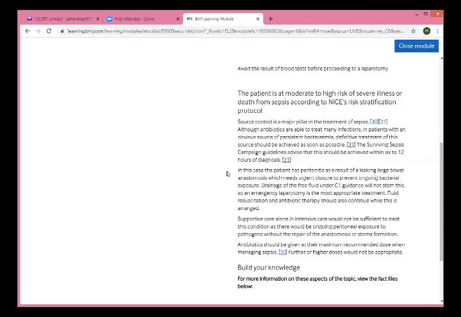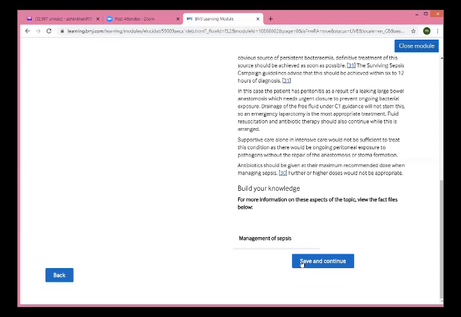Peritonitis is a result of leakage from the large bowel anastomosis, which needs urgent closure. Supportive care along with intensive care would not be sufficient to treat this. This patient needs to go to theater. That's the most important thing. That's the learning bit.